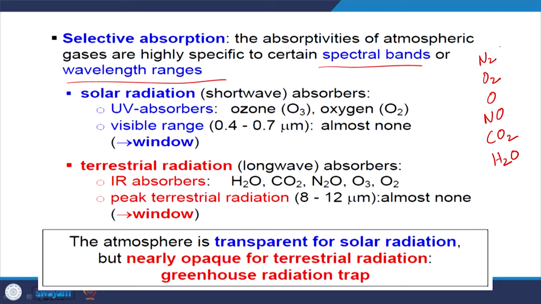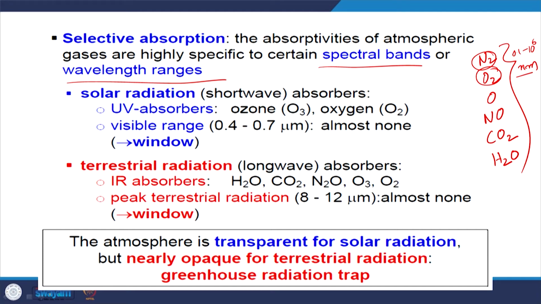But if you allow radiation to fall on these gases, say the incident radiation window is from 0.1 to 10 to the power of 6 nanometers, what selective absorption means is that each molecule or each species will absorb in a particular very narrow wavelength range. This is called selective absorption.